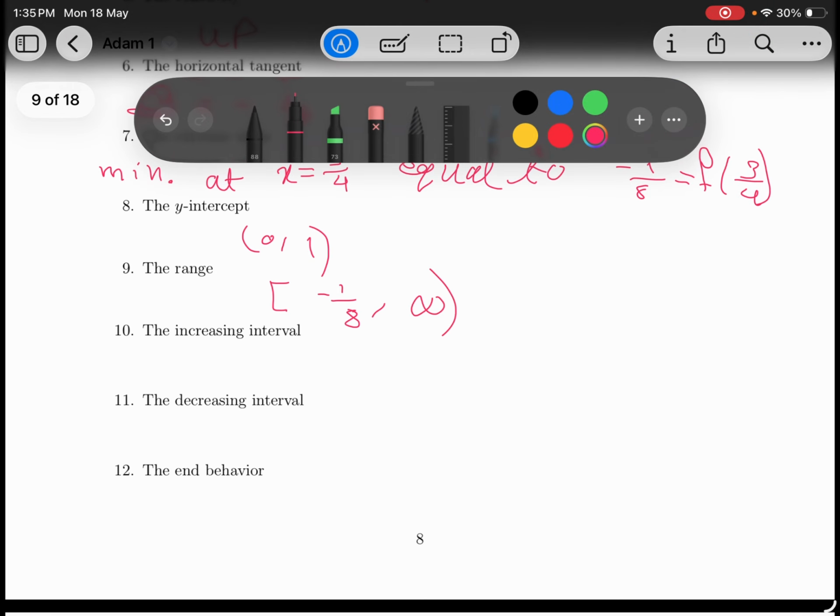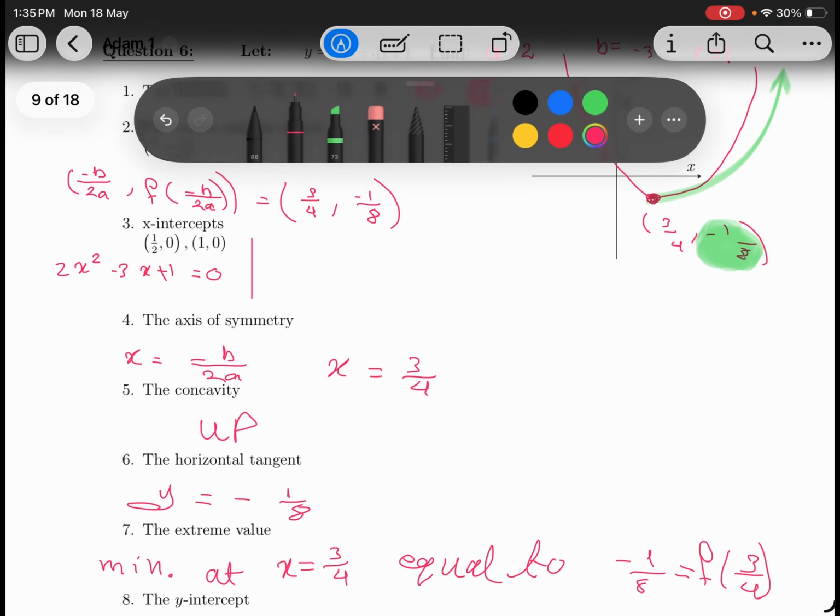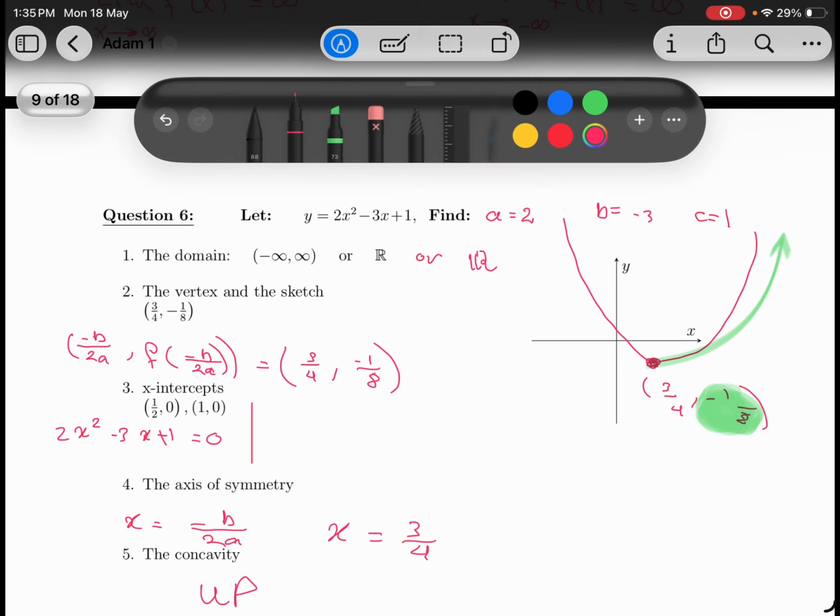So from 3/4 increasing, whether you close the interval, 3/4 till infinity, or you open the interval like this, 3/4 going to infinity, and decreasing otherwise. So the opposite way here, if you look at this, it's decreasing here that way, okay?